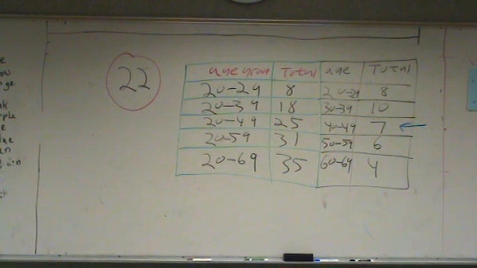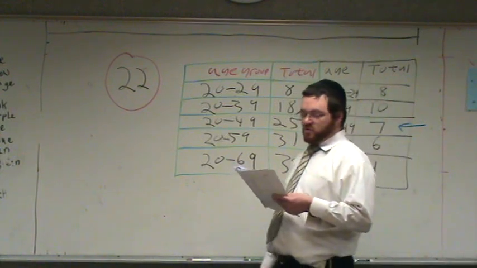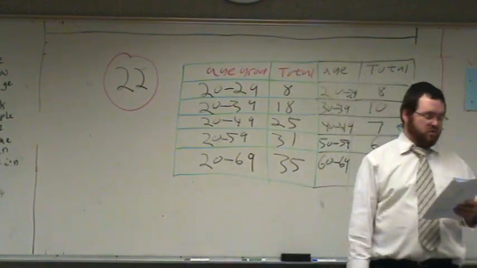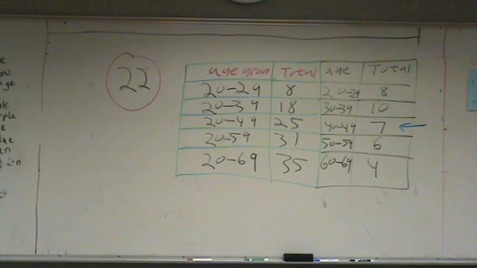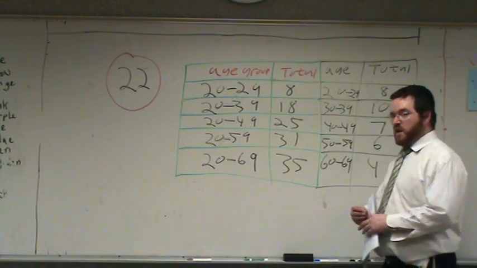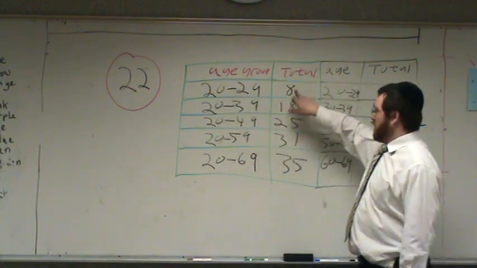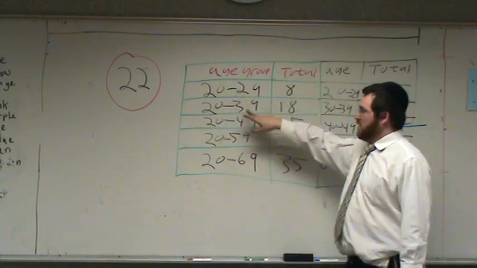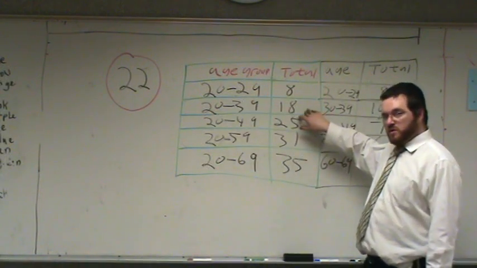Question 22. The table below shows a cumulative frequency distribution of runners' age. Cumulative means one on top of the other. That's 20 to 29, you have 8 people. From ages 20 to 39, you have 18 people, that's cumulative.